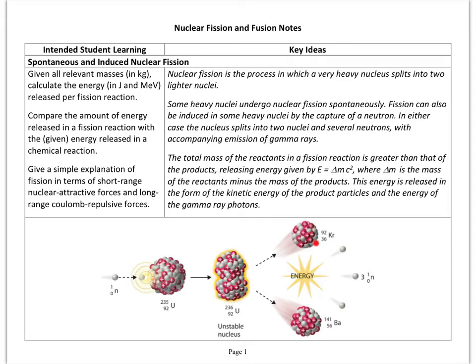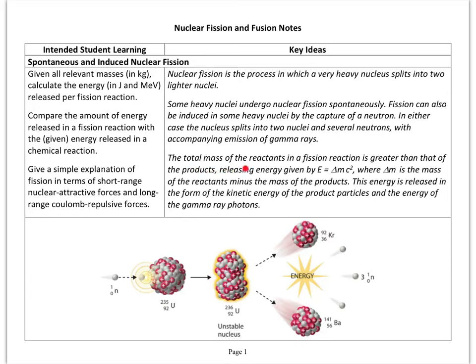These are obviously produced in an excited state, so there's the release of a lot of energy through gamma radiation as they relax, and also we get about 2 to 3 neutrons released in this process. Now, these 2 to 3 neutrons are going to become important because with a couple of little fine-tuning things, they can hit more isotopes and cause more induced fission. We'll talk about that in the next slide.